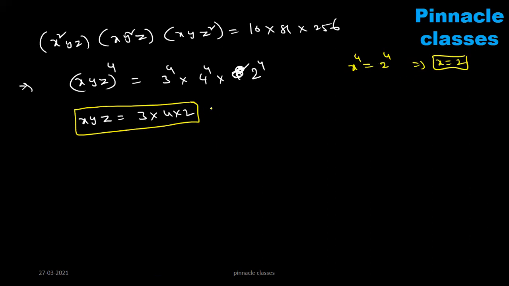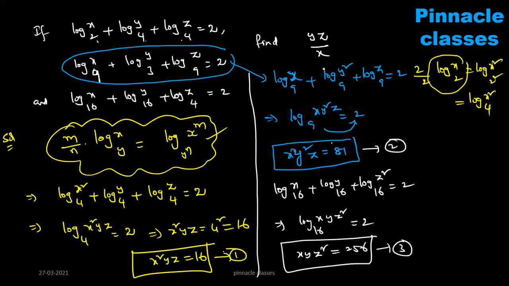Now xyz is equal to this one. That is the answer. 4 into 2 by 3 is the required answer. Now what we have? We need yz by x. What is required? 4 into 2 by 3, 8 by 3. Why 4 into 2 by 3?